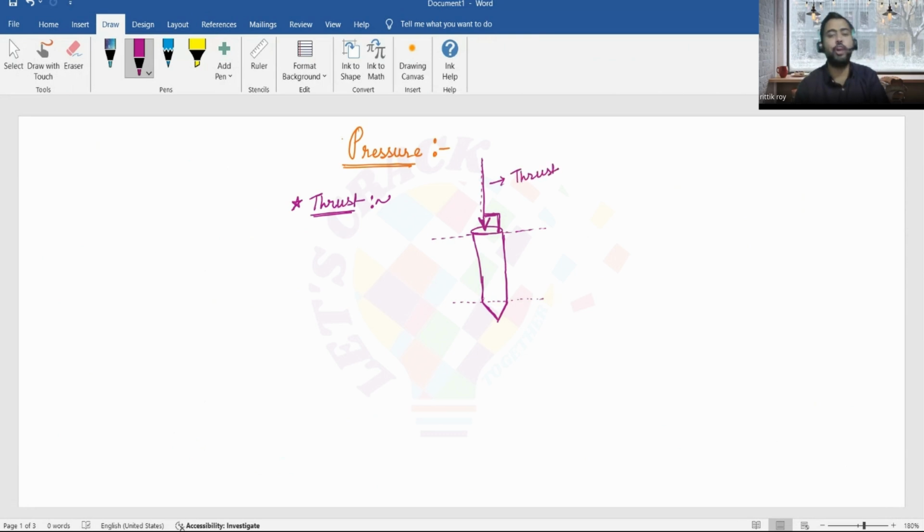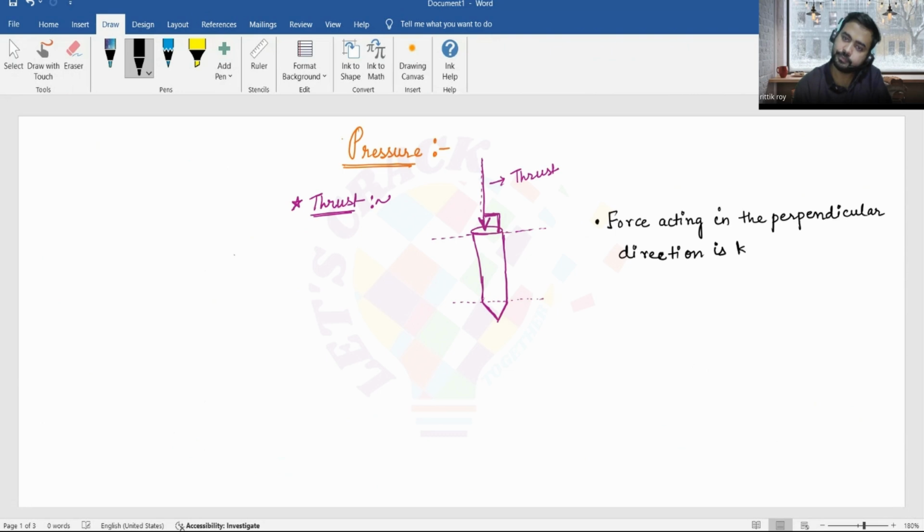So if I want to define thrust, I can simply define it as: force acting in the perpendicular direction is known as thrust.